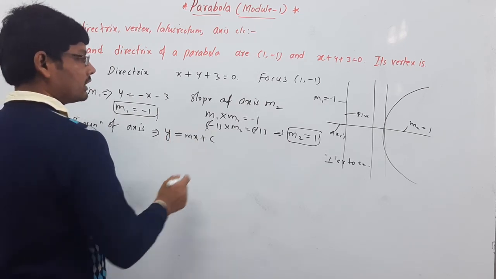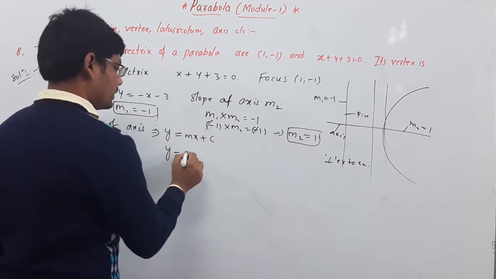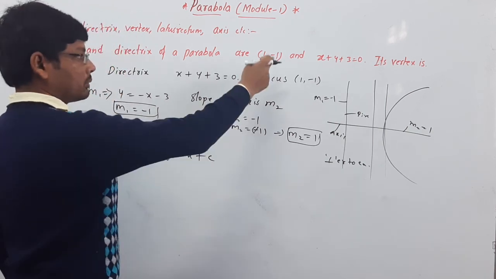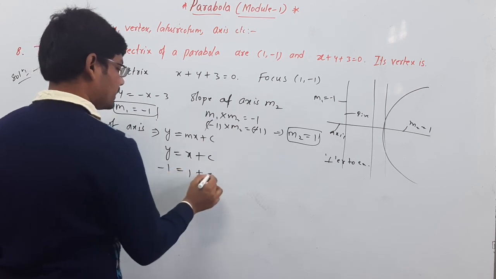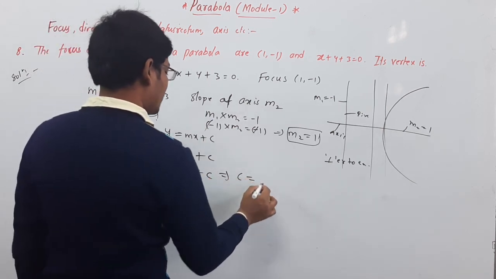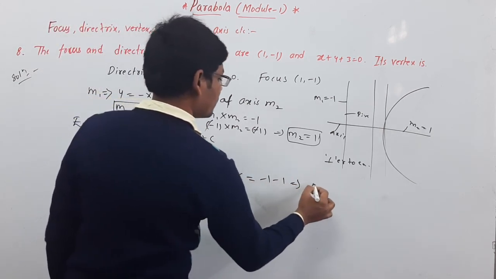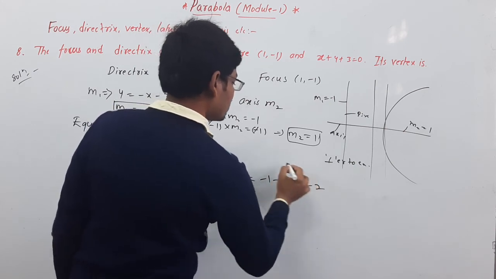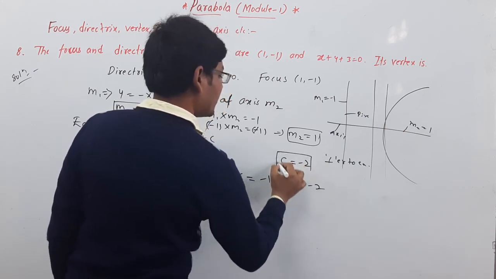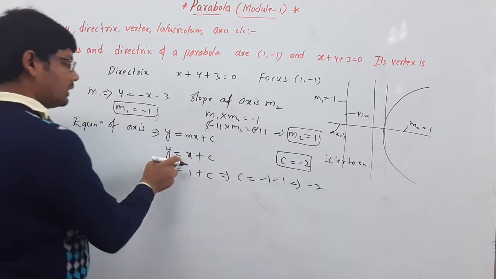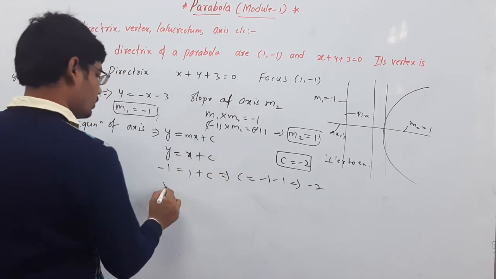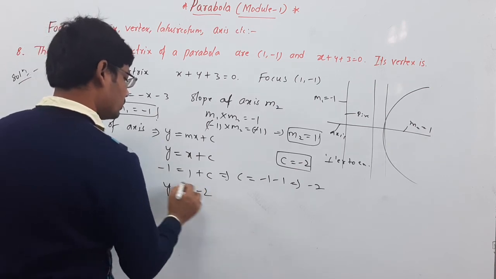So let's substitute the point: x is 1, y is minus 1, so minus 1 equals 1 plus c. So c is equal to how much? Minus 1 minus 1, that is equal to minus 2. C value we got. After getting the c value, substitute in this expression. So y is equal to x minus 2.